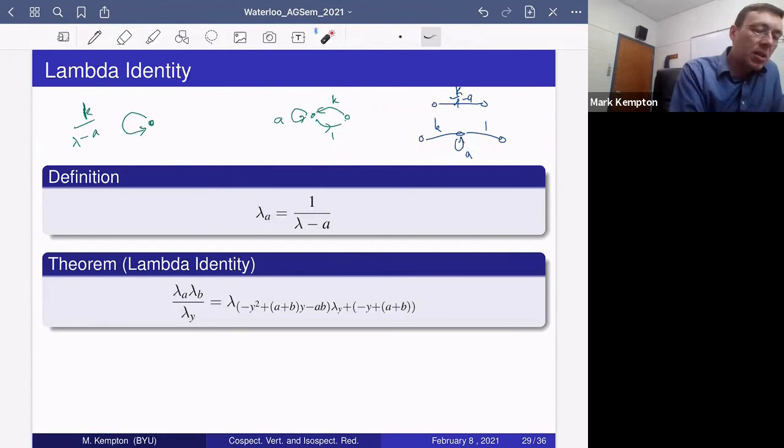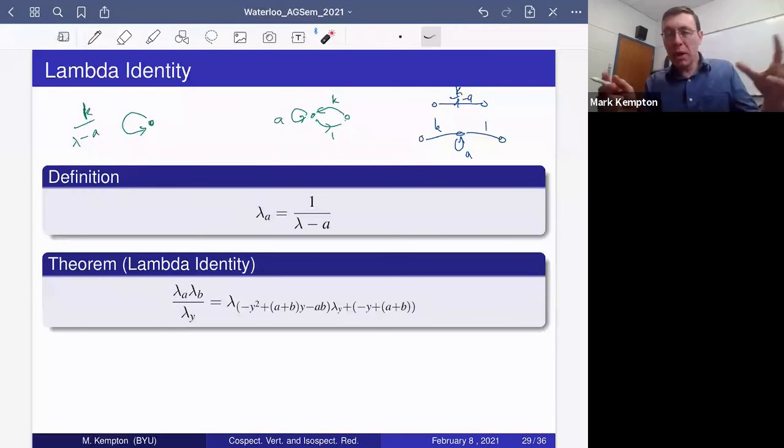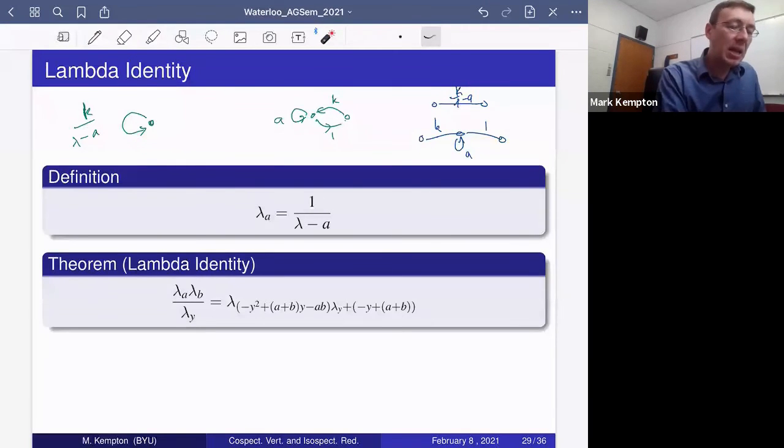So this will reduce down to that, and this will reduce down to that. So if I see things like this somewhere in my reduced graph, I can kind of unfold them into things that look like that. And one helpful thing in thinking about that is what we call the lambda identity.